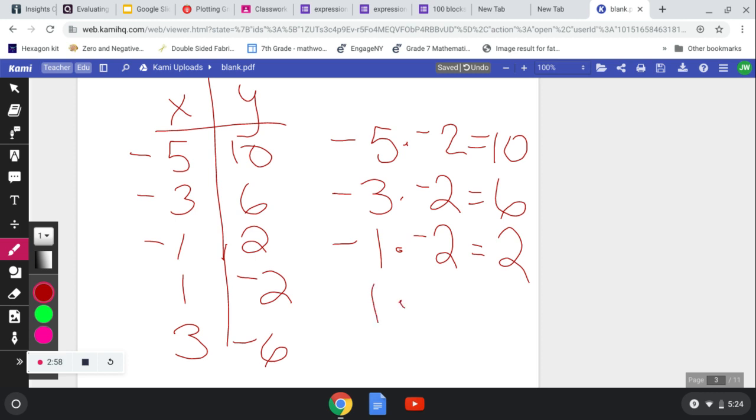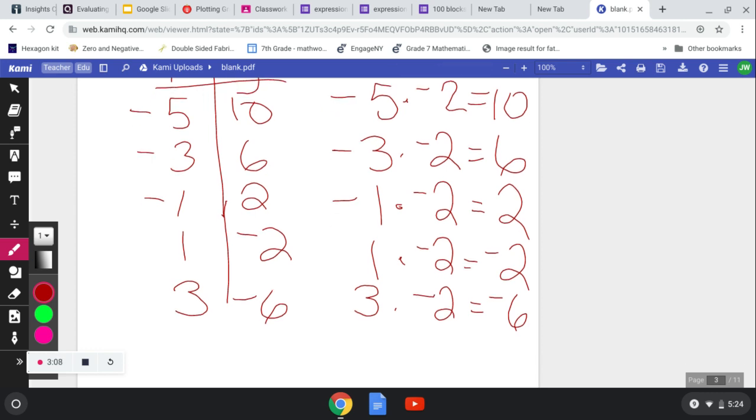A positive 1 times a -2 is -2. And a positive 3 times -2 is -6.